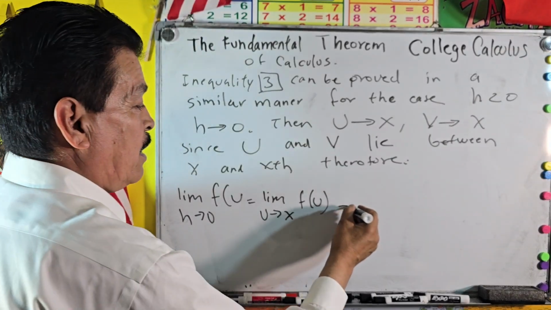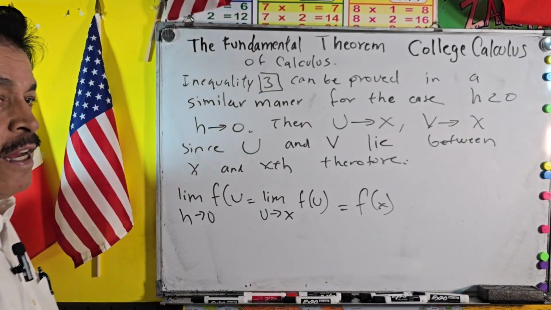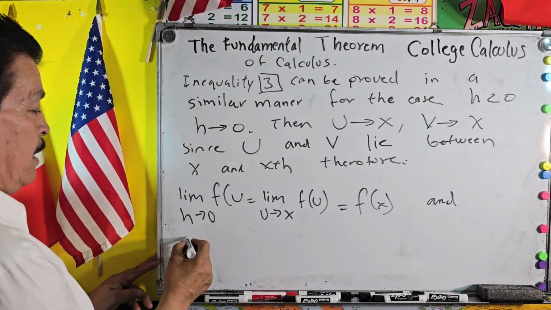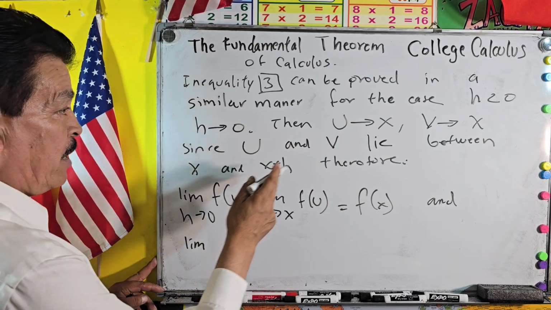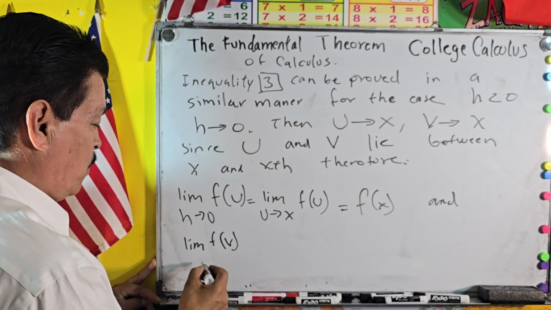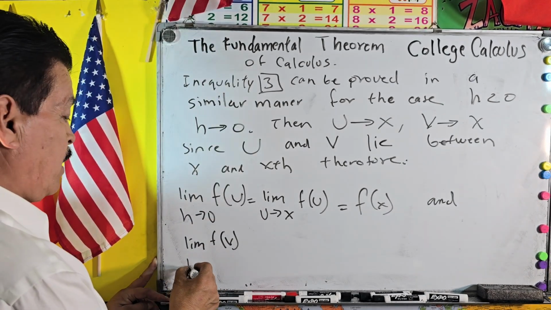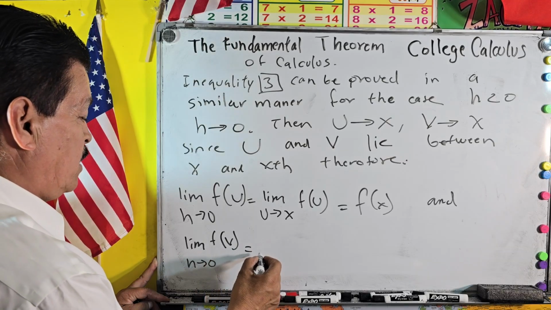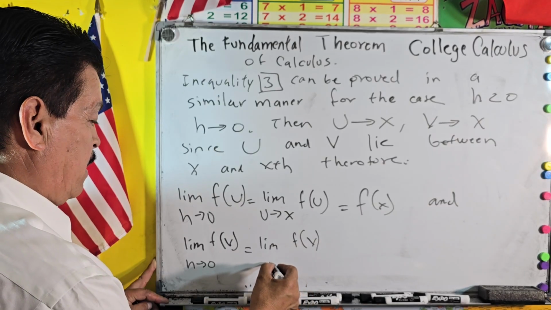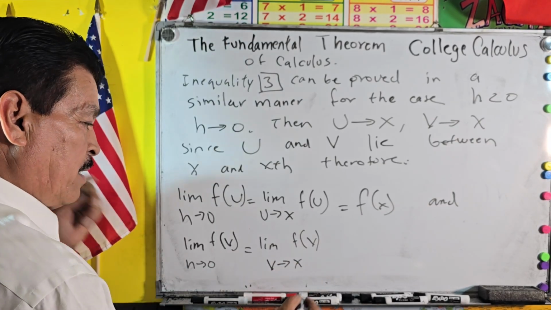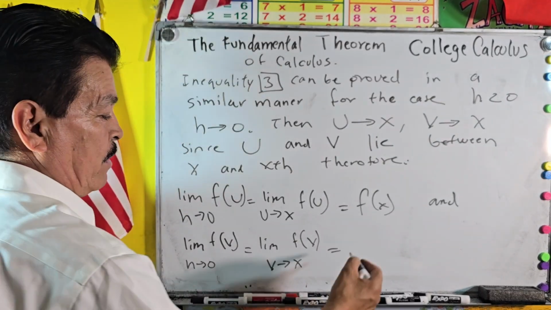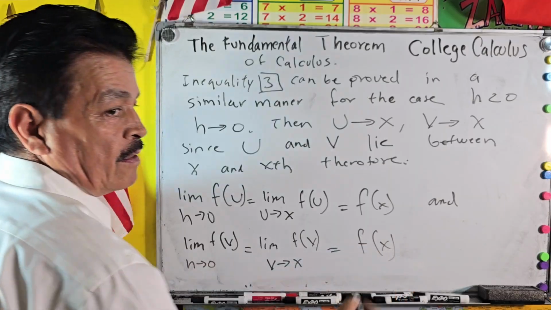This equals f of x. The other one, the limit of f of v when h approaches 0, equals the limit of f of v when v approaches x, which equals f of x.